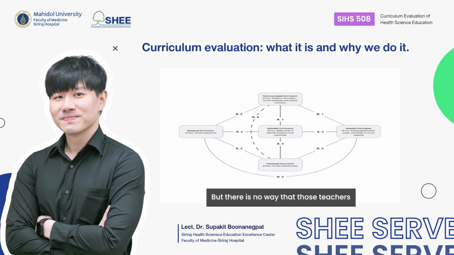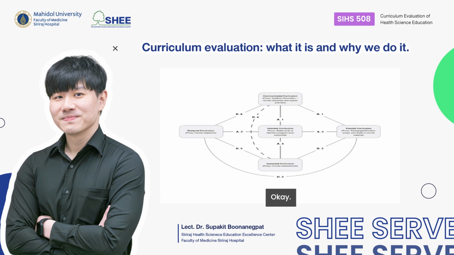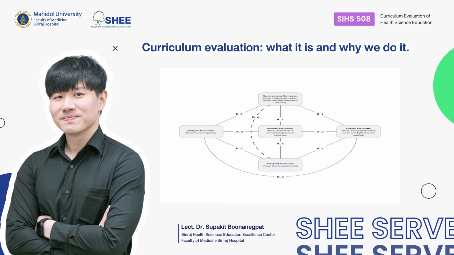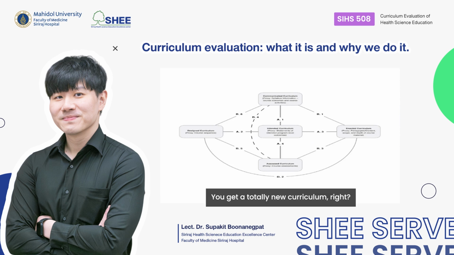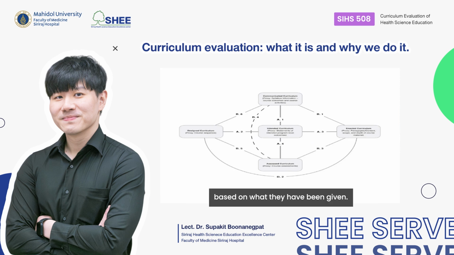But there's no way those teachers are going to be able to execute 100% of what I have written, right? Which means that if we record what those teachers are doing, you get a totally new curriculum, because they are doing somewhat different things based on what they have been given. So that's what I mean by the term curriculum is fluid.